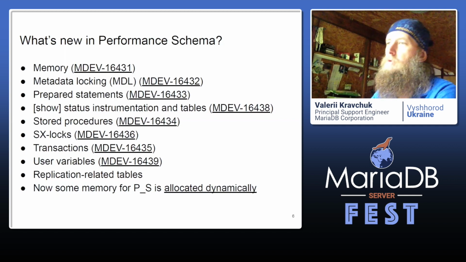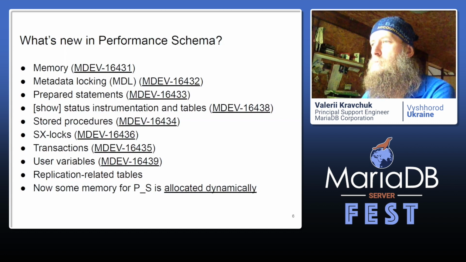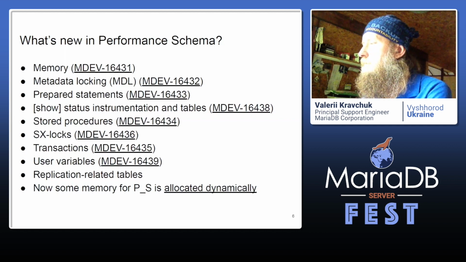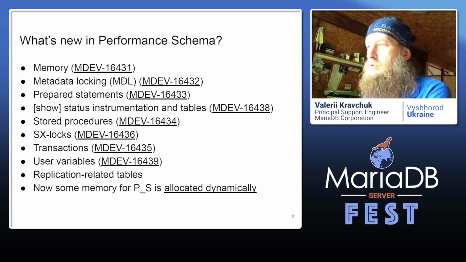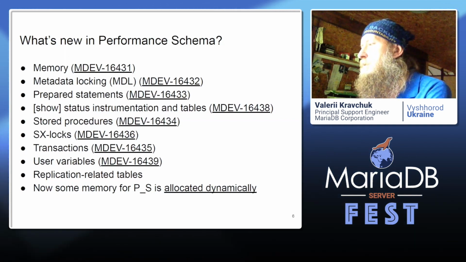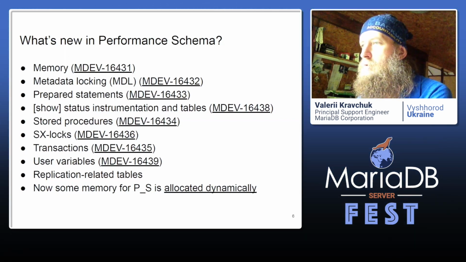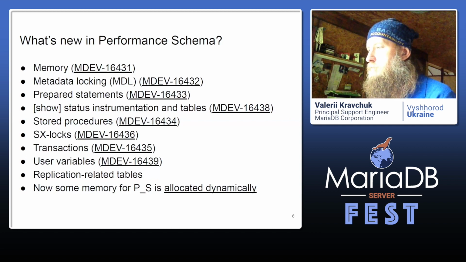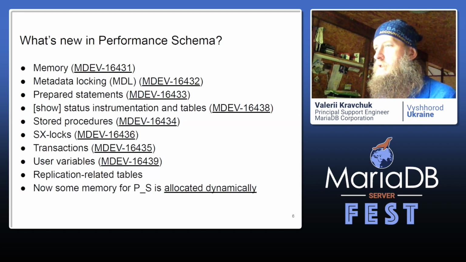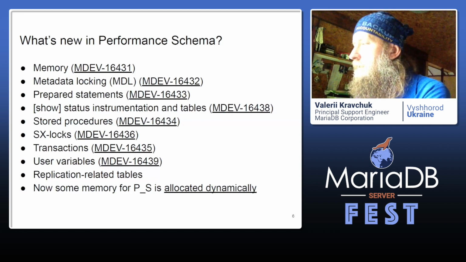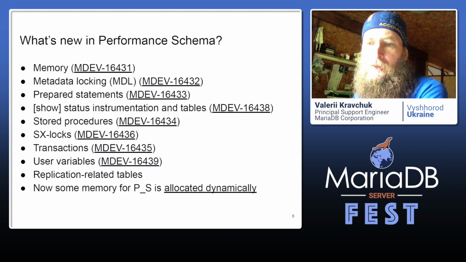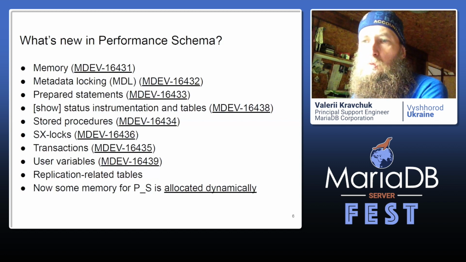So we have additional memory instrumentation, metadata locks instrumentation, prepared statement instrumentation. We instrumented status variables at global and server levels, added some instrumentation for stored procedures, added some instruments for SX, shared exclusive locks, a locking primitive widely used in InnoDB, some instrumentation for transactions, and the last but not the least, for me specifically, is the way to get the values of user variables in user sessions.